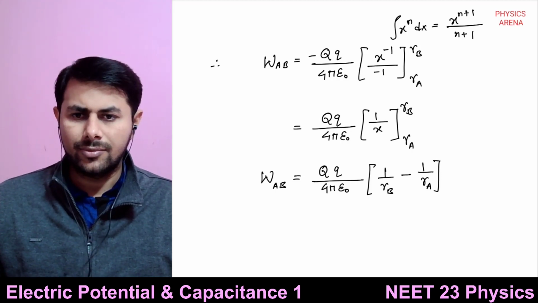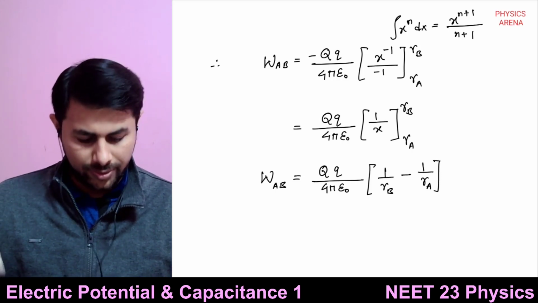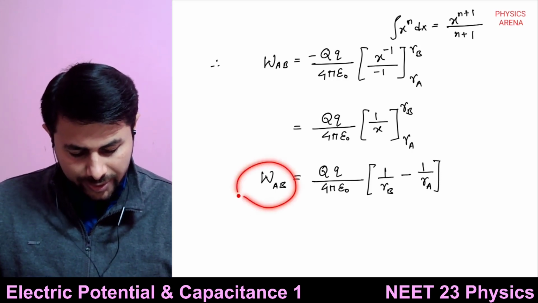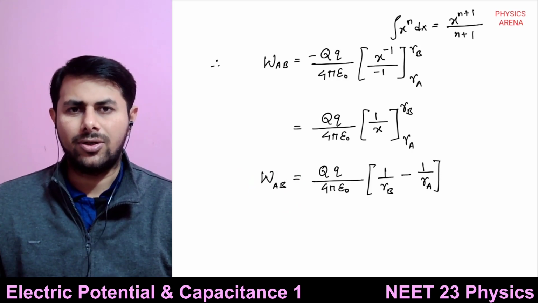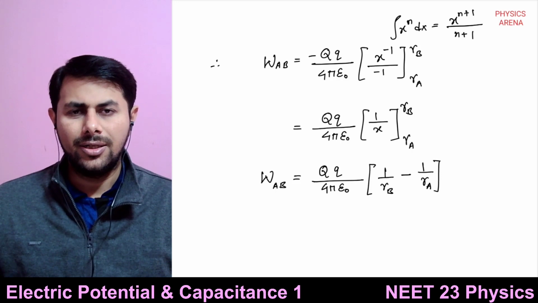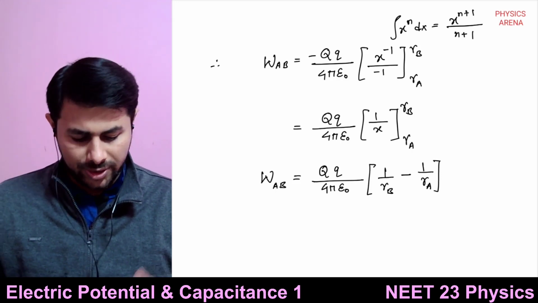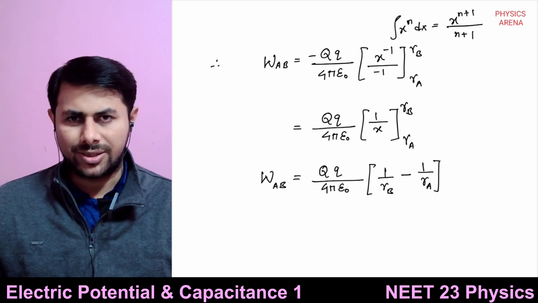Okay, is it clear? All right. So this work done gets stored as the potential energy of this system of charges. So this is equal to the change in potential energy.